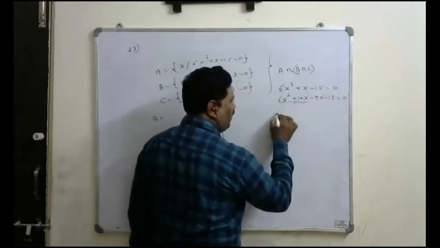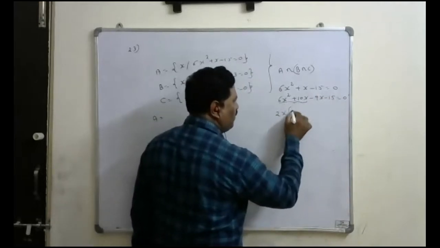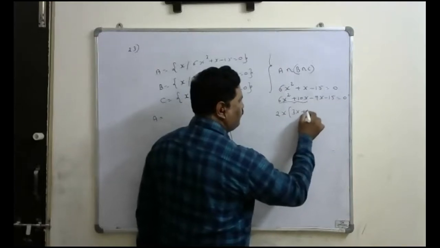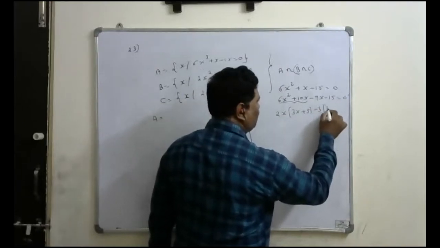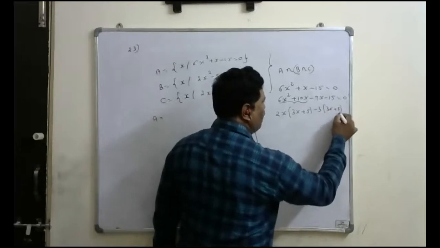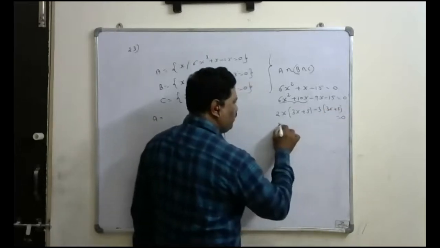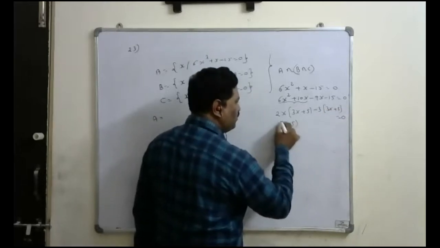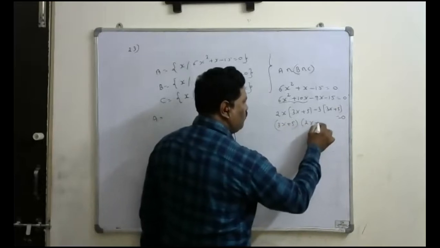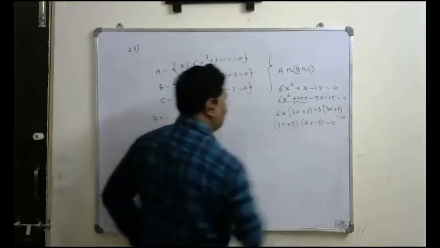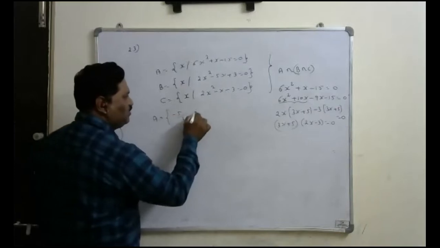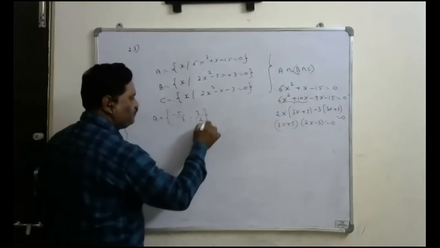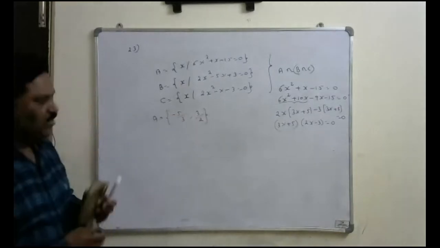From these two, take 2x common, remaining is 3x plus 5. From this take minus 3 common, remaining is 3x plus 5. Taking 3x plus 5 common, remaining is 2x minus 3 is equal to 0. Therefore, the roots of that equation are minus 5 by 3 and 3 by 2. This is the set A.